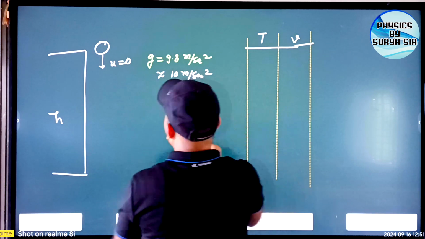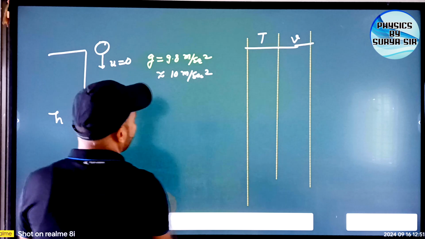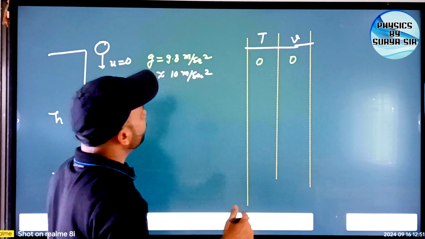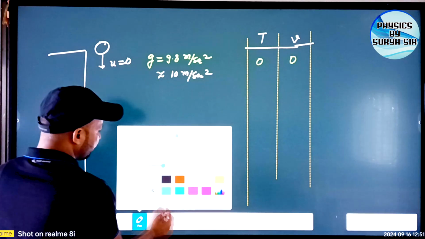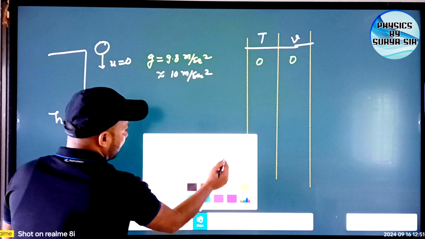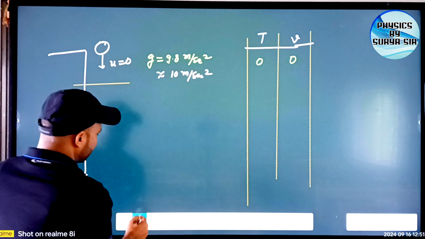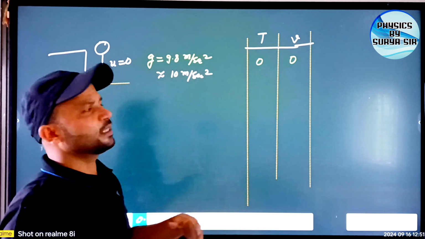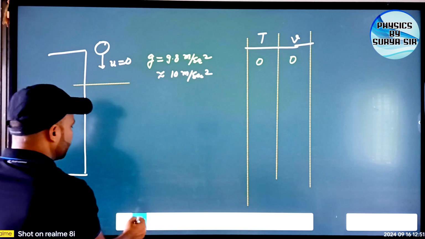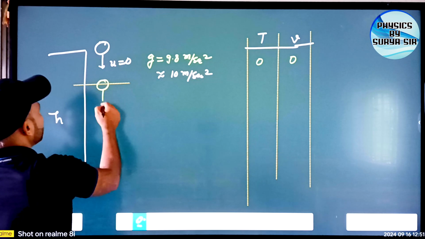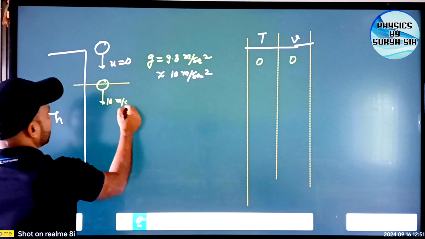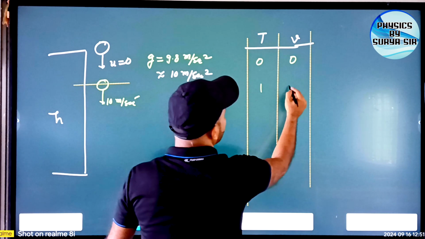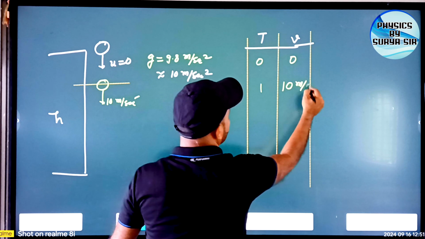At t equal to 0, the velocity of the object is also 0, and after 1 second, when it moves for 1 second, its velocity will be changed by 9.8 meter per second square, or we can say 10 meter per second square. So when the time is 1 second, the velocity is 10 meter per second.